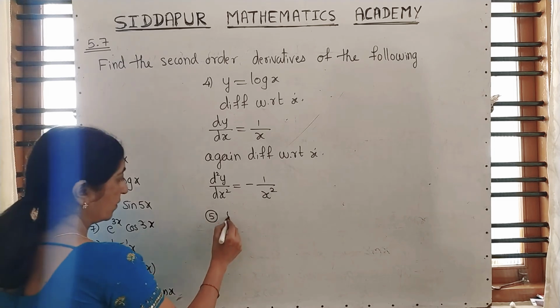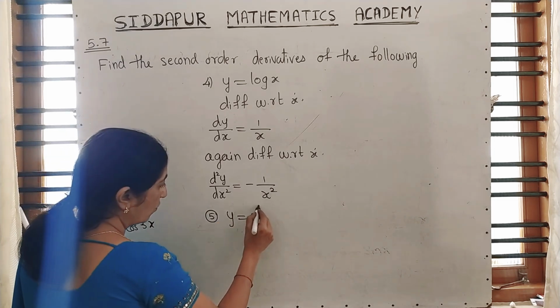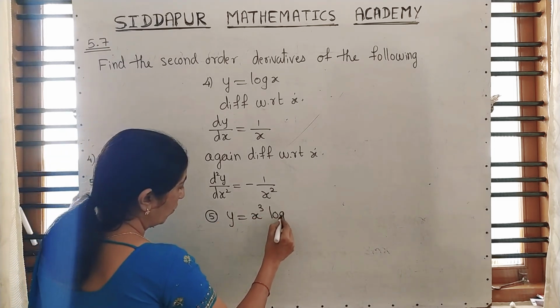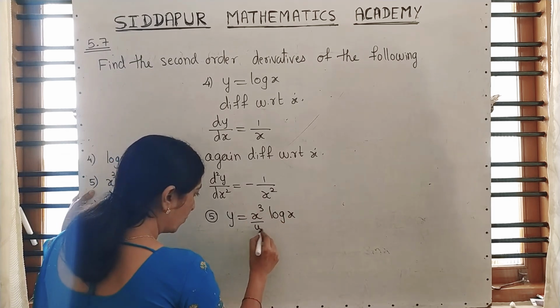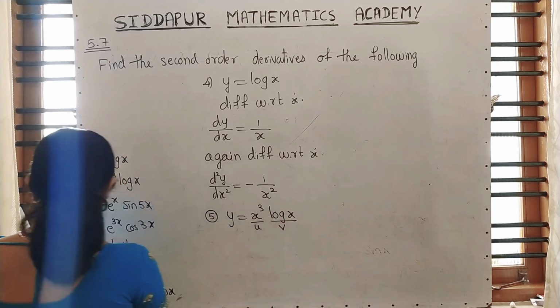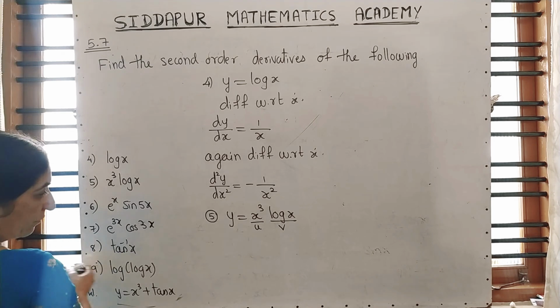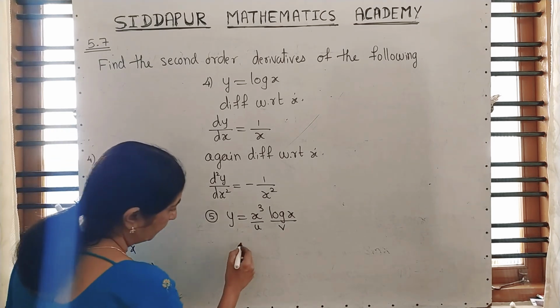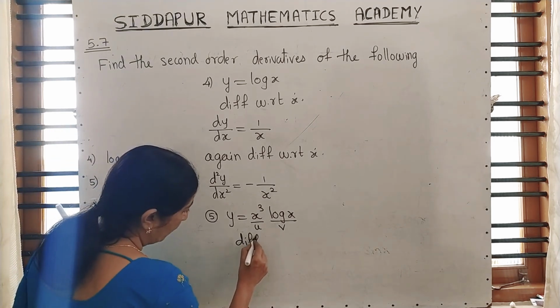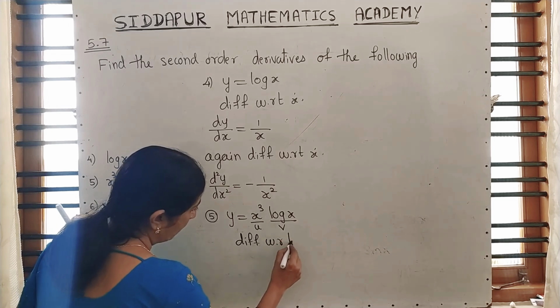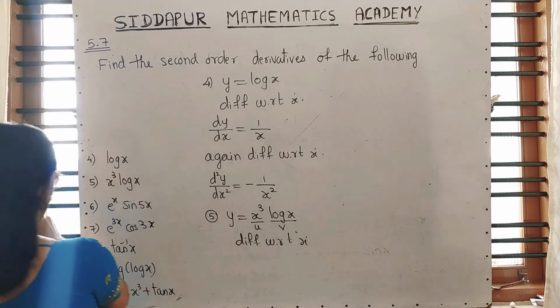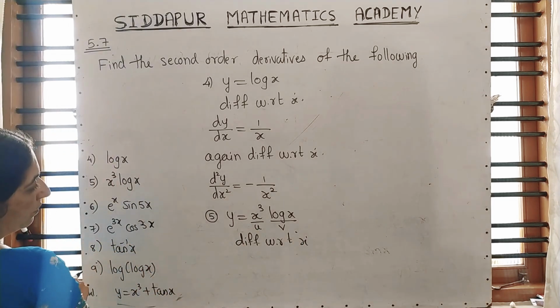Fifth one. y is equal to x cube into log x. See, this is u, this is v. Differentiating with respect to x. Now, what is the first method?